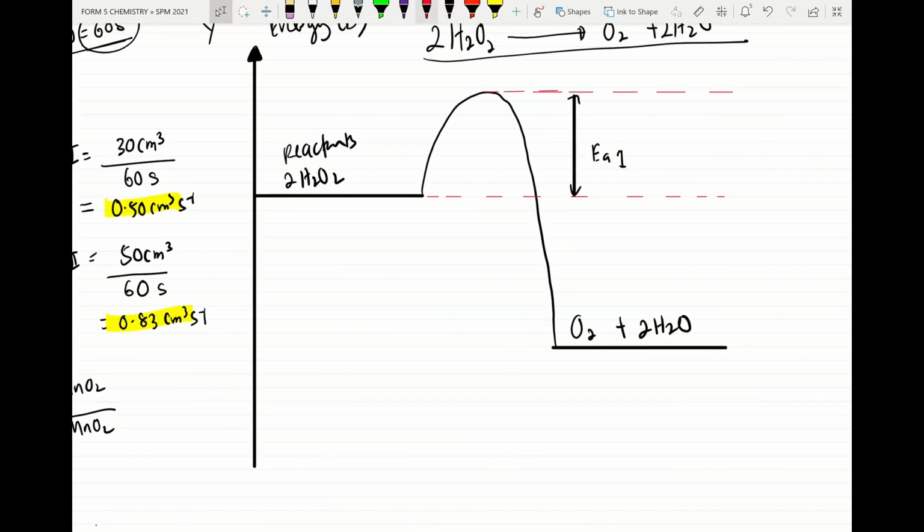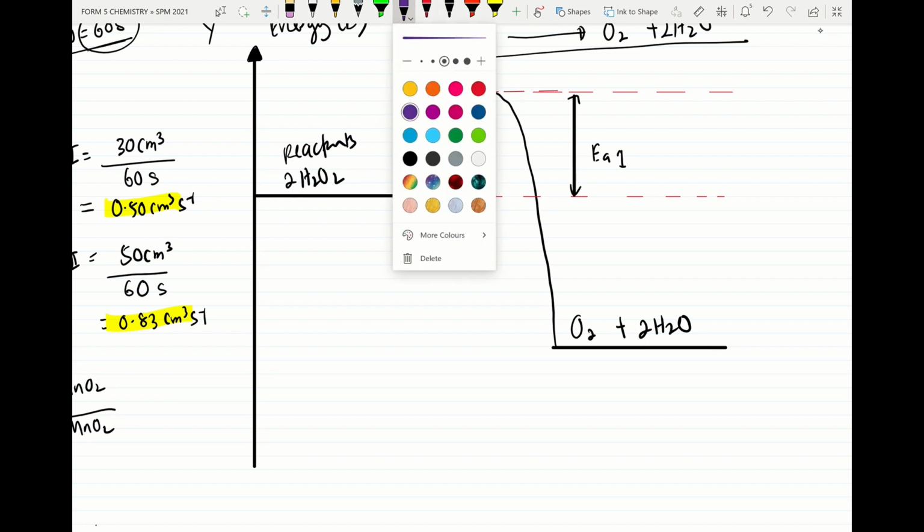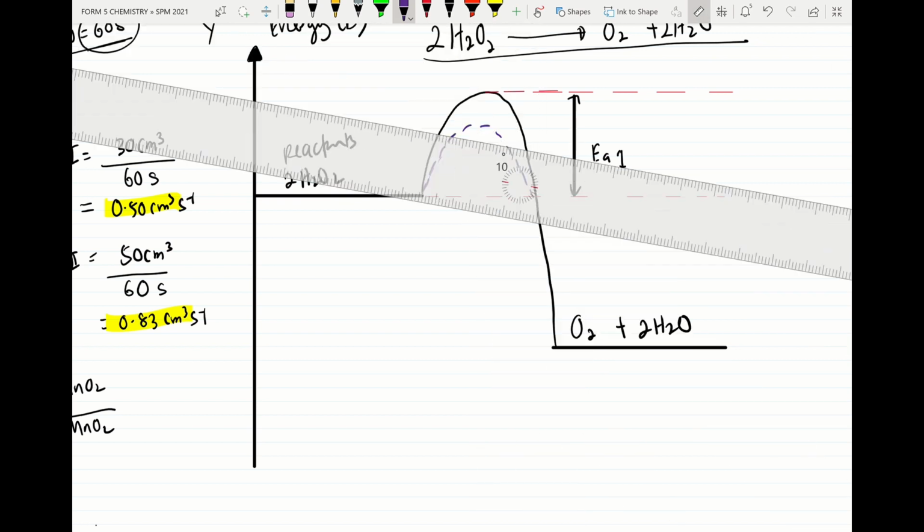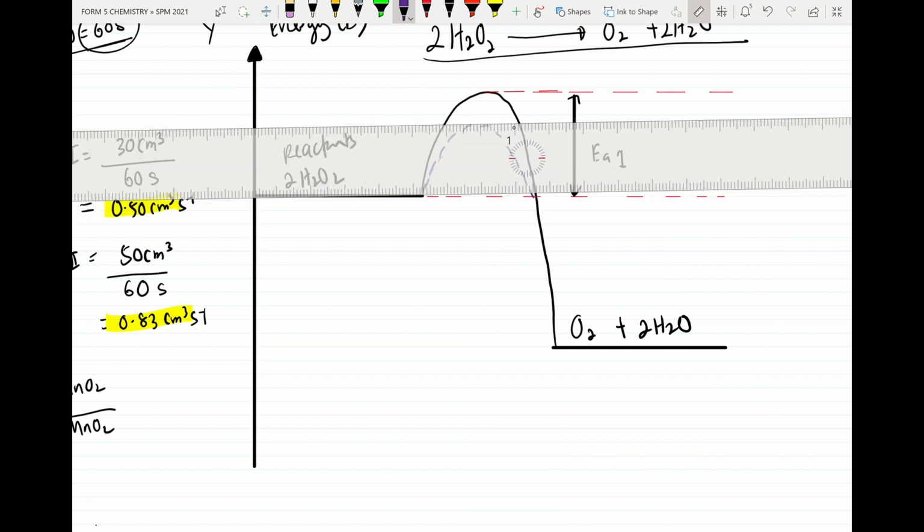All right, if a catalyst is present, the activation energy will be lowered. So we draw another summit like this. Then we find the activation energy of the reaction with the presence of catalyst.